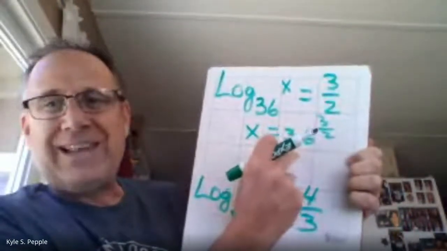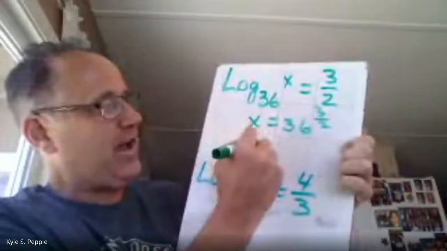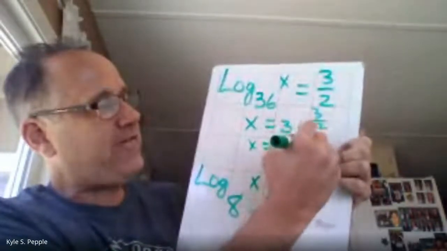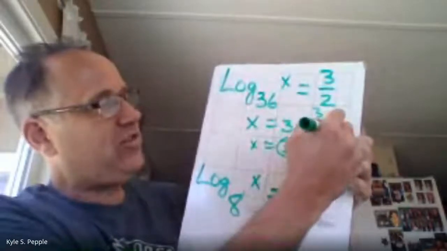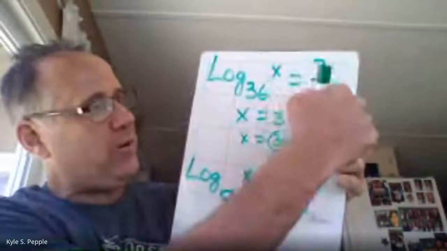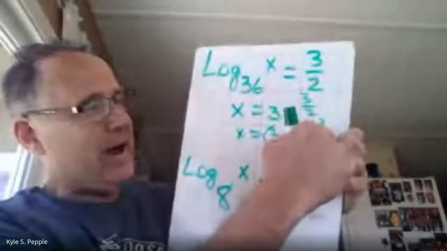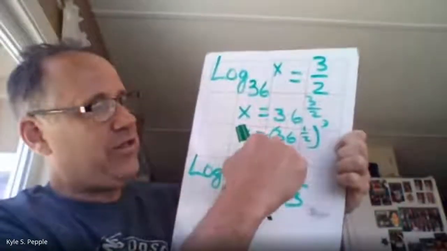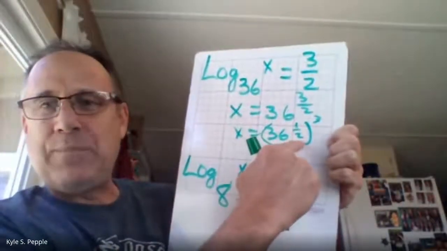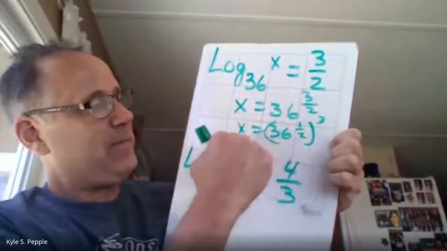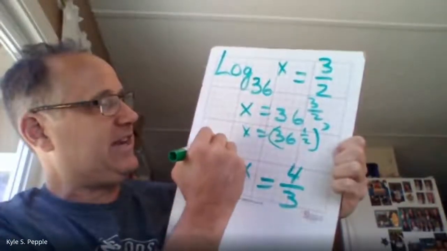And then when we have this, we rewrite it: x equals 36 to the 1/2 raised to the 3rd power. So we pull our numerator out to make a power of a power. 36 to the 1/2 would be the same as the square root of 36, which is 6.